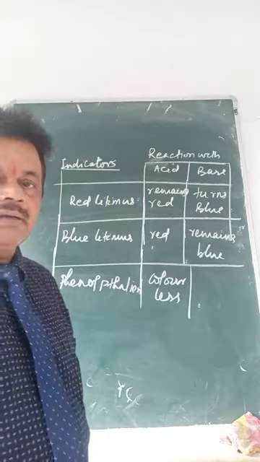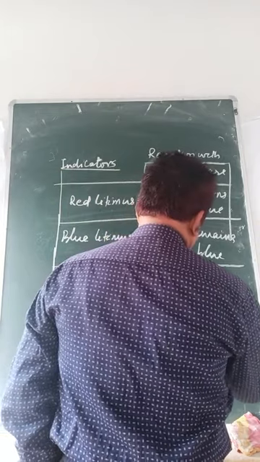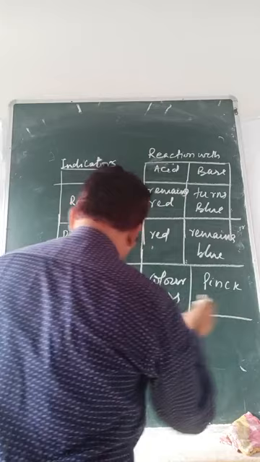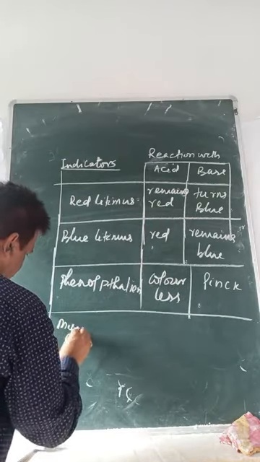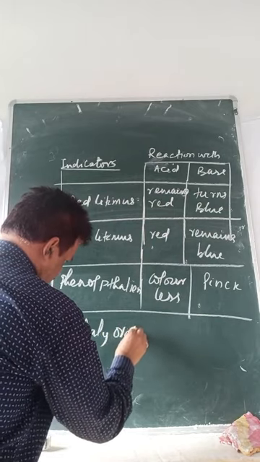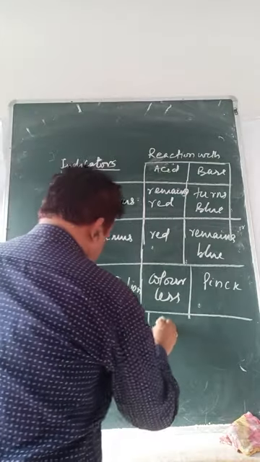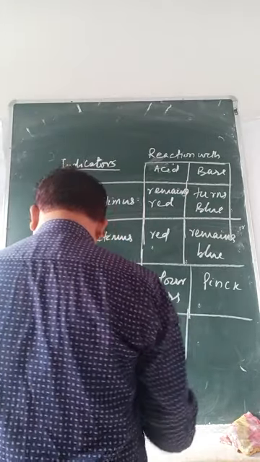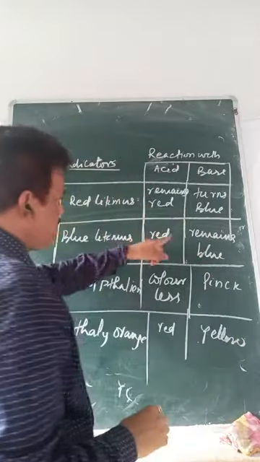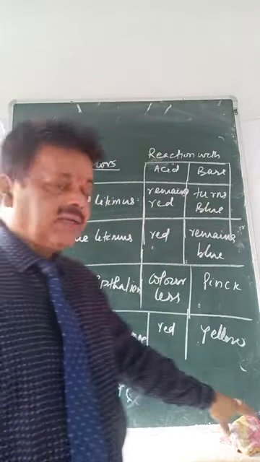Then with base it is pink. Now what is left out? Methyl orange, with acid it becomes red, with base it becomes yellow. This color changes you should remember with acid and base. Okay, now based on this you can create a question.